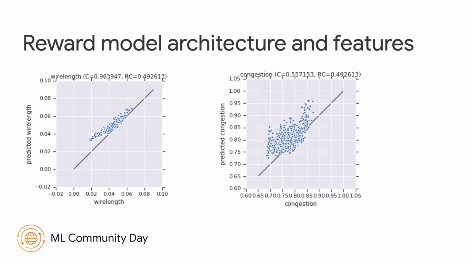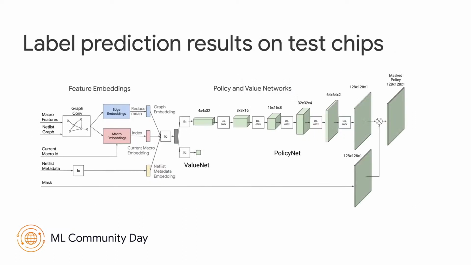Basically, once we had this representation that was really good at predicting the reward function, what we did was take that architecture and place it on the encoder side of the policy, and then on the decoder side, we used multiple layers of deconvolutions in order to predict the actions. In this case, that was where to place a new macro.